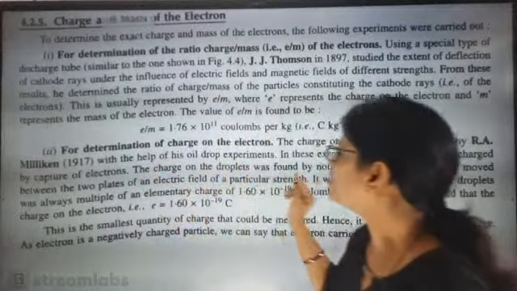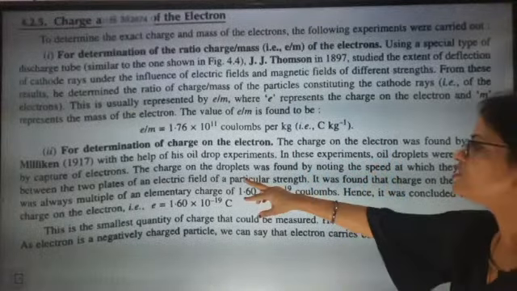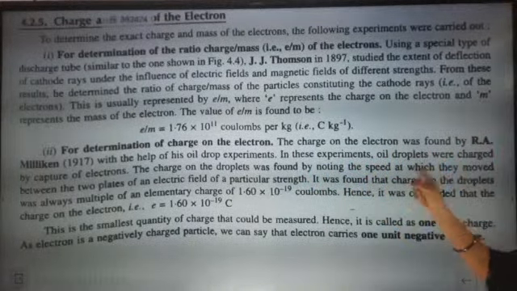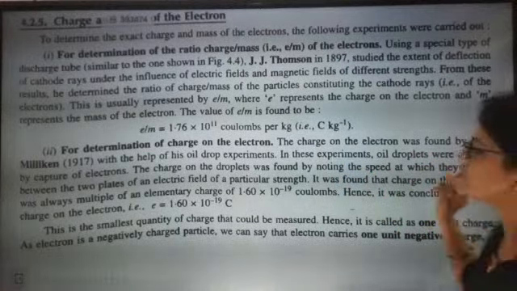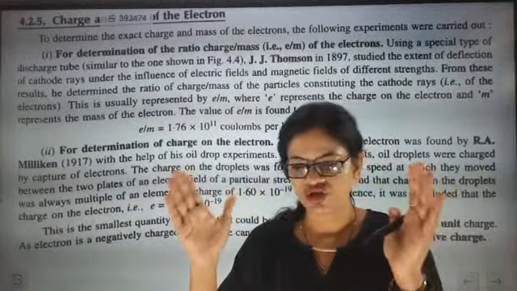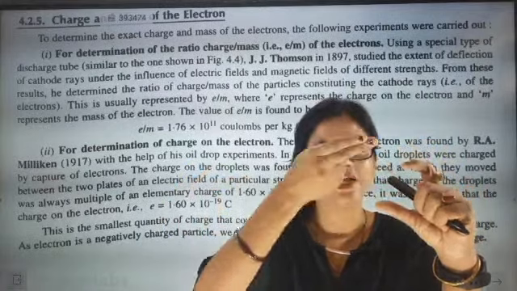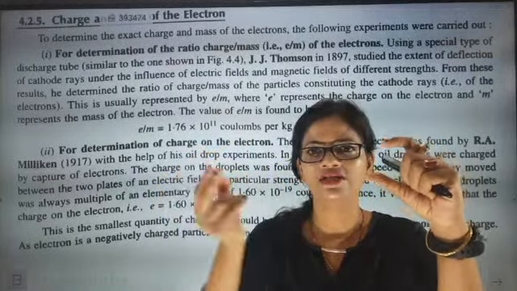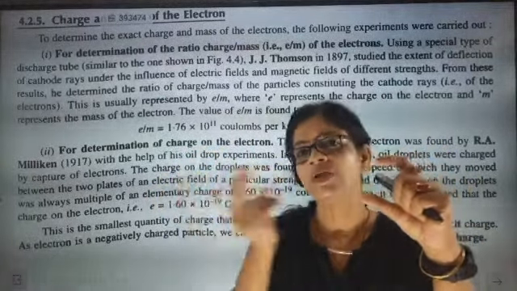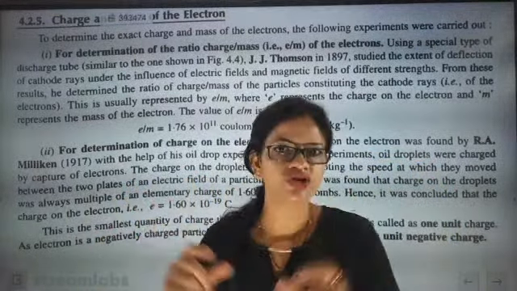The charge on the droplets was found by noting the speed at which they moved between two plates of an electric field. With the help of that, they tried to know the charge of the electron.